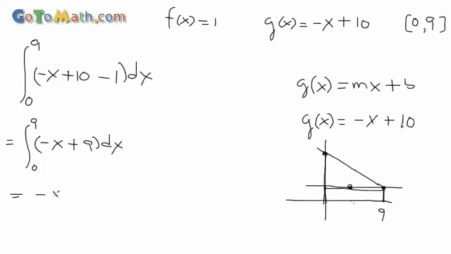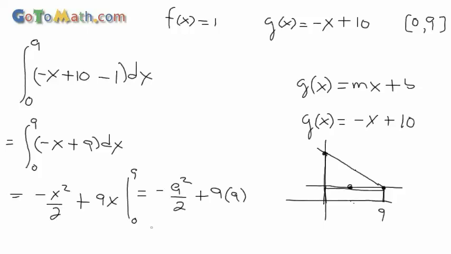So we got negative x squared over 2 plus 9x going from 0 to 9. Plug everything in. So we got negative 9 squared over 2 plus 9 times 9.